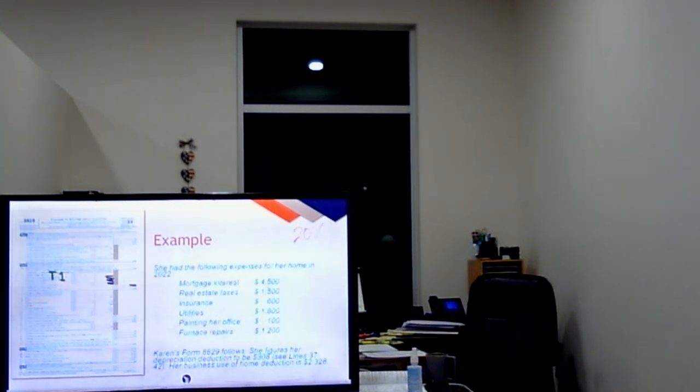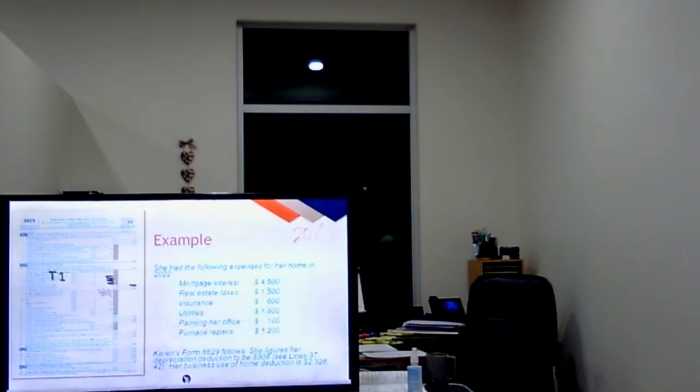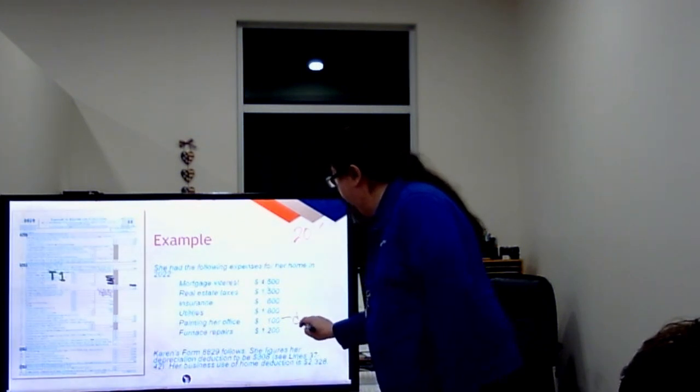Excess mortgage interest would be where we put the whole 4,500. Excess real estate taxes would be 1,500. But the rest of the calculation comes out the same. We end up adding all of our expenses. This 100 is going to actually go into the direct column.